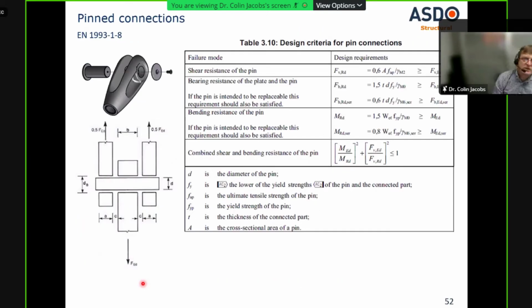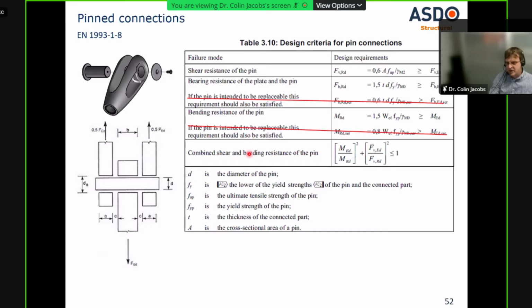Look at pin connections. Again, part 1.8 of the Eurocode gives you some detailed information on how to calculate the capacity of the pin, basically based on spanning across the areas here. Again, this is very conservative. Also, generally in our types of structures, you don't need to consider the pin as being replaceable.